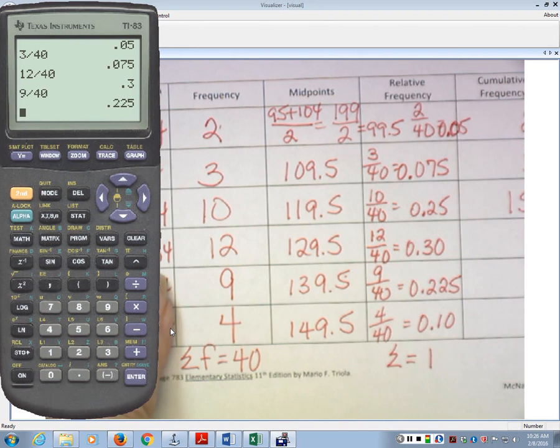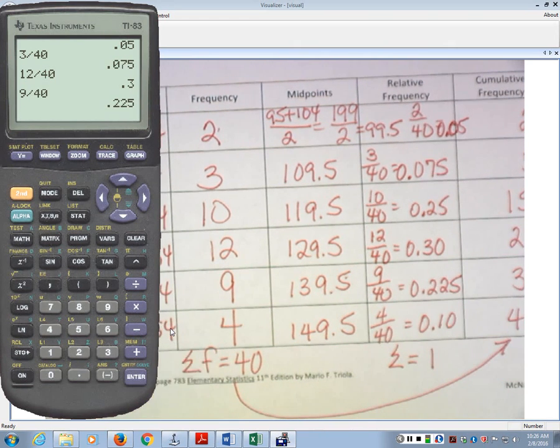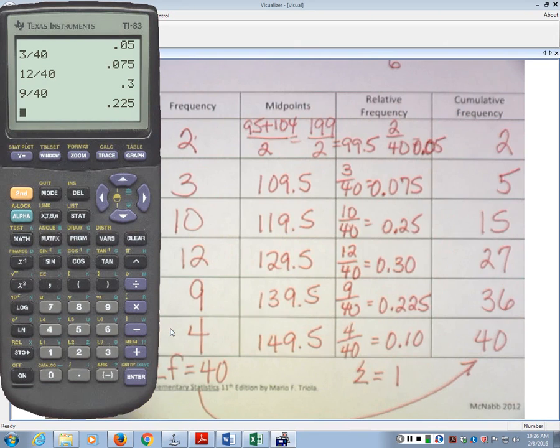How many were less than 134? Well, that would add another 12, so that would be 27. And then how many were less than 144? 36, and then the remaining would mean that I would have 40. So the sum of the frequency distribution is the same as the highest cumulative frequency. Those would be the same.